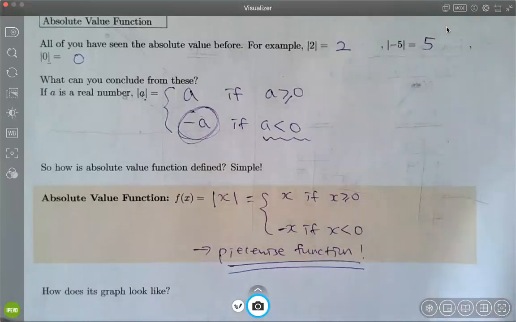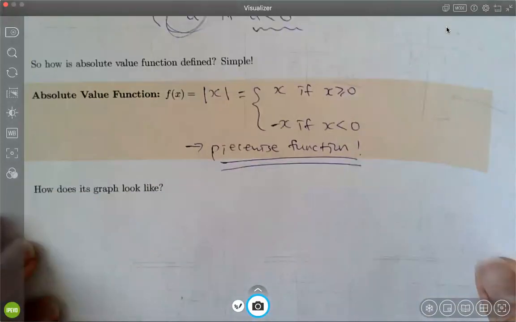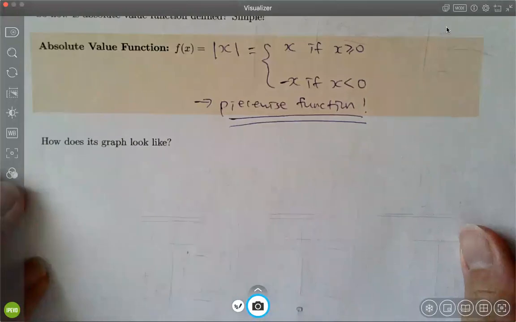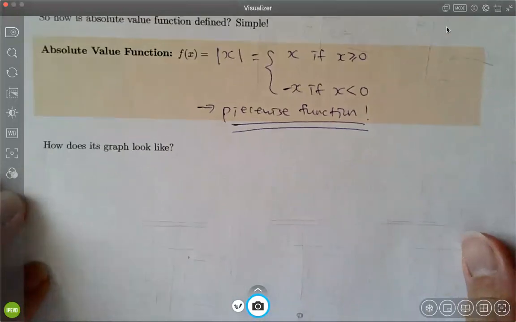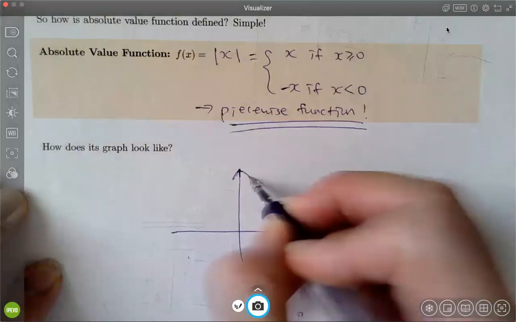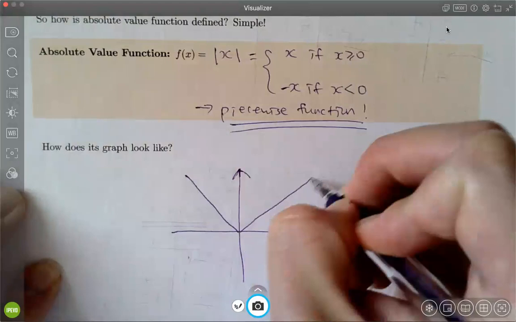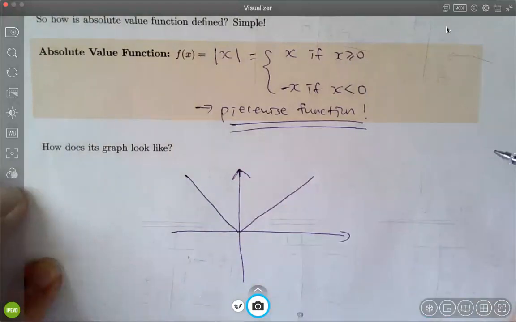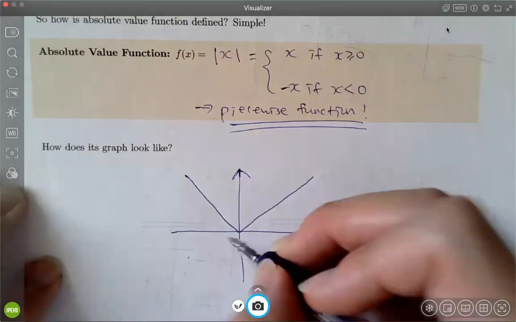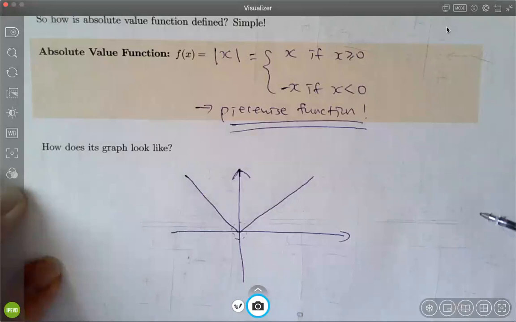And we have seen how its graph looks. Remember that? How does the graph of the absolute value look? It's a V shape, yes, right? Okay, and we have seen another problem where this sharp point is a legitimate point, right?